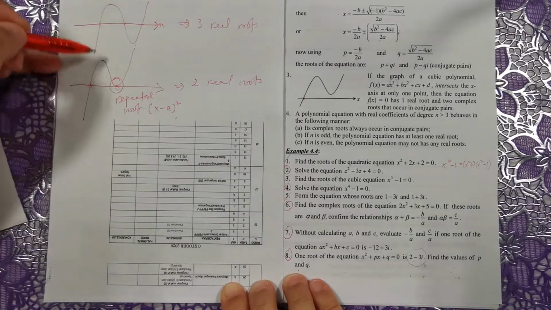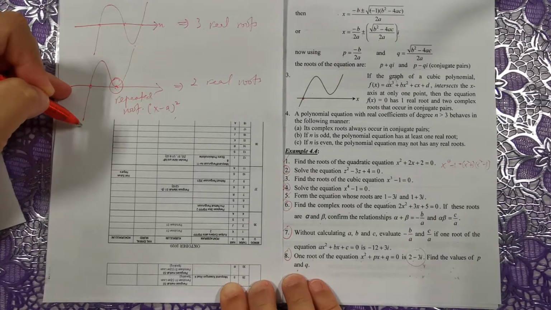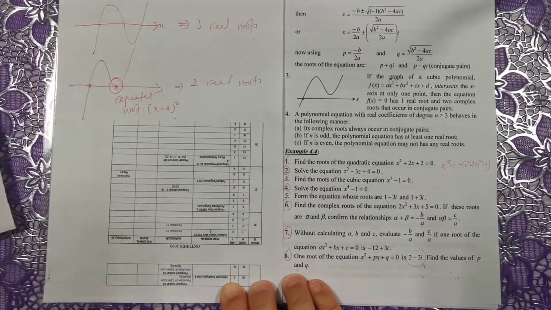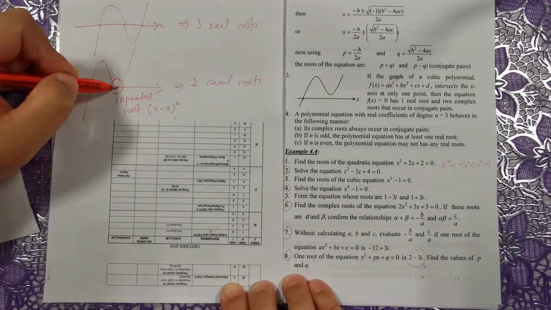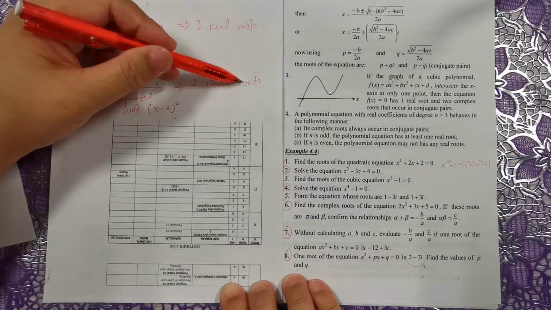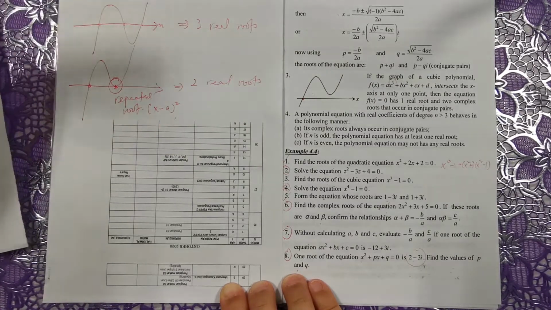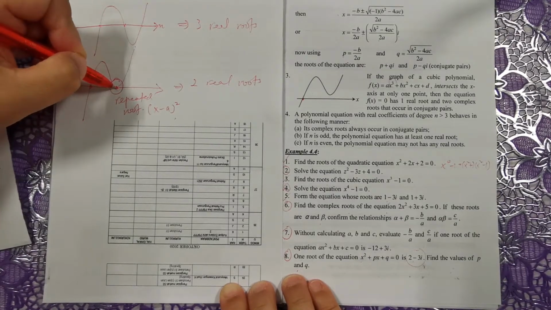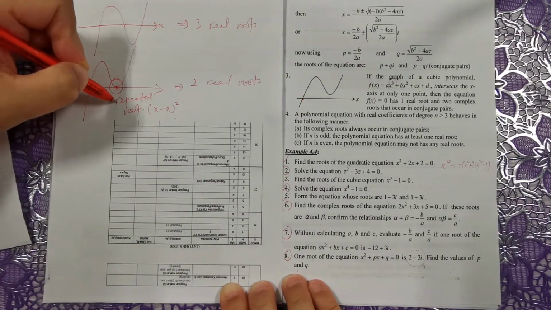Alright, so if the cubic curve cuts the x-axis like this, 1 and 2 here, and this one touches, so we say that this cubic equation has 2 real roots, and actually it's not 2 because cubic is degree 3, it must have 3. Because when this one touches, remember we have a repeated root.